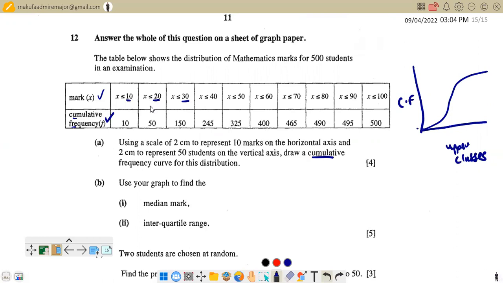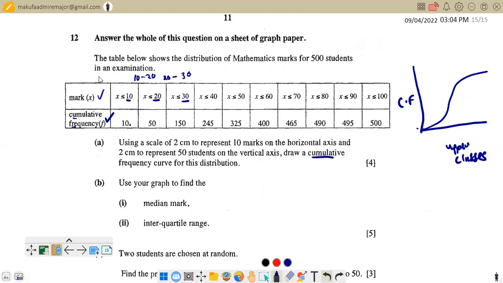And if I'm to cross-check here, this graph here is starting at 10 versus 10. Here it's 10 versus 10, okay? And I want you to see what is happening. We are saying this is an upper class here, which means from this class is 10 to 20, from this class is 20 to 30. As you can see, there's a difference of 10, a difference of 10, a difference of 10.